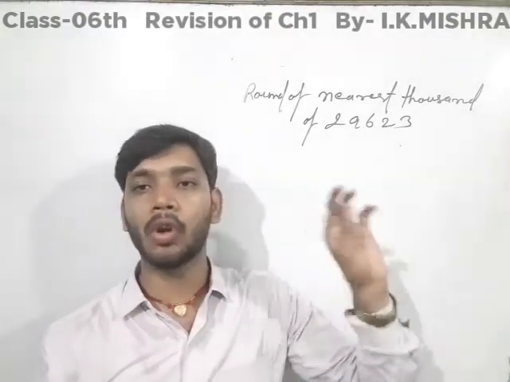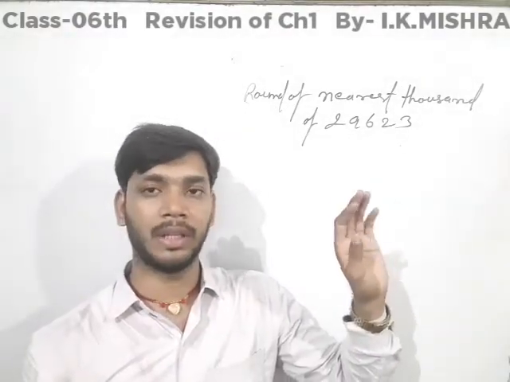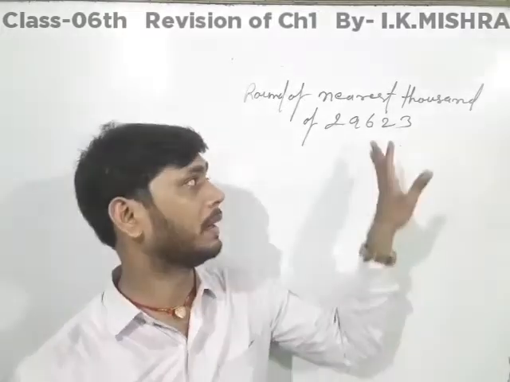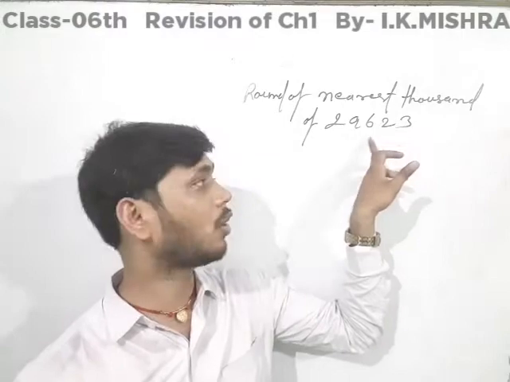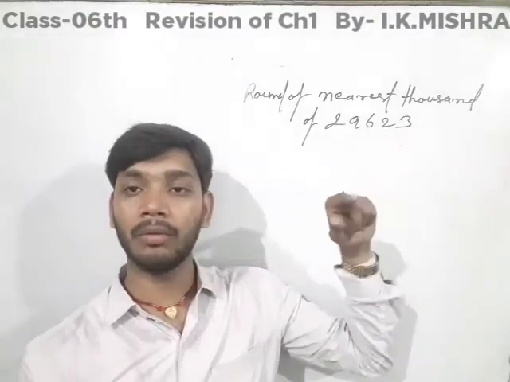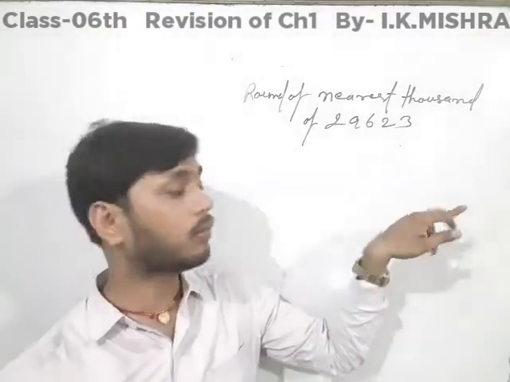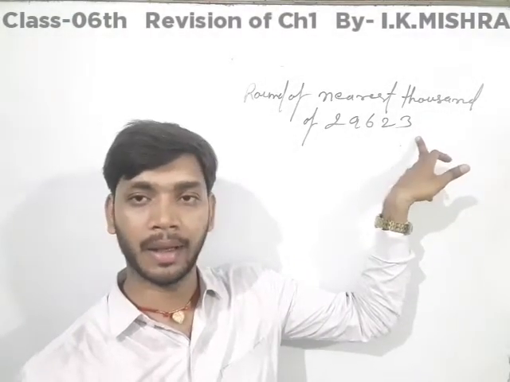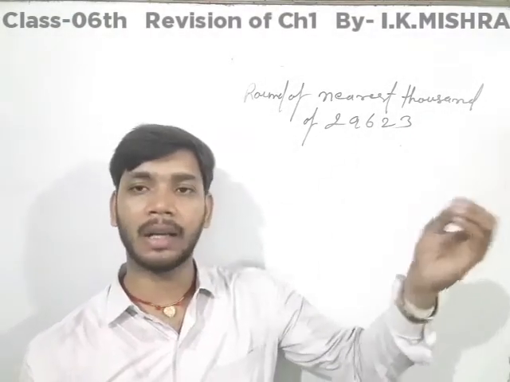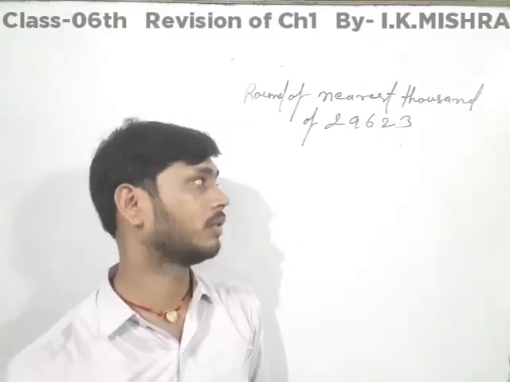If you have to round to the nearest 100, then observe the 10 place. And when you have to round off to the nearest 10, then observe the unit place. And the rule is the same as rounding off to the nearest 10.